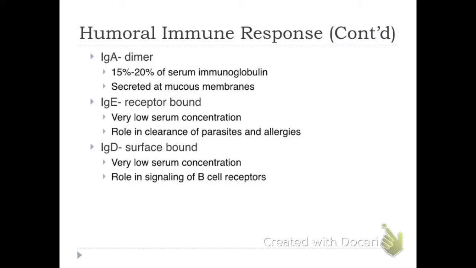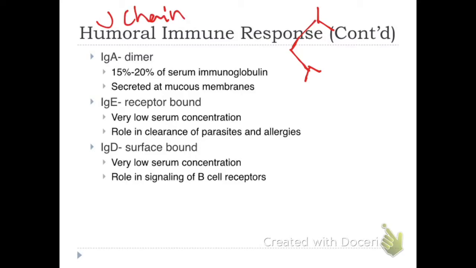A while ago, we talked about IgM and IgG. This time, IgA, which is a dimer. You know that IgA is a dimer. IgA and IgM are connected by J chain. J means joining.